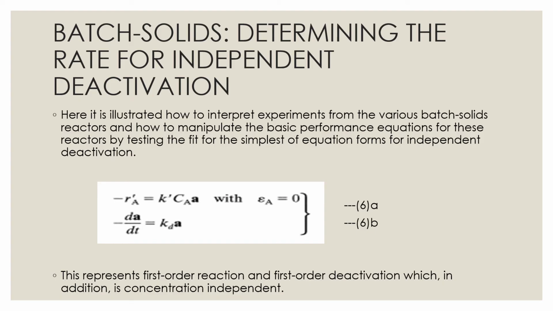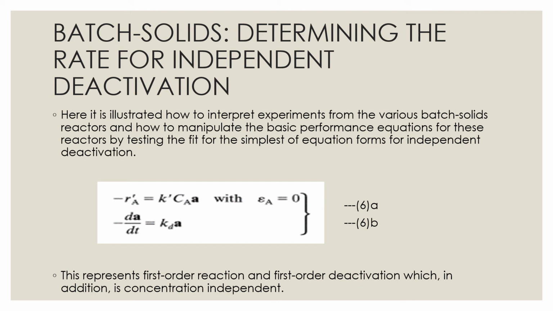Batch solids, determining the rate for independent deactivation. Here, it is illustrated how to interpret experiments from the various batch solids reactors and how to manipulate the basic performance equations for these reactors by testing the fit for the simplest equation forms for independent deactivation.